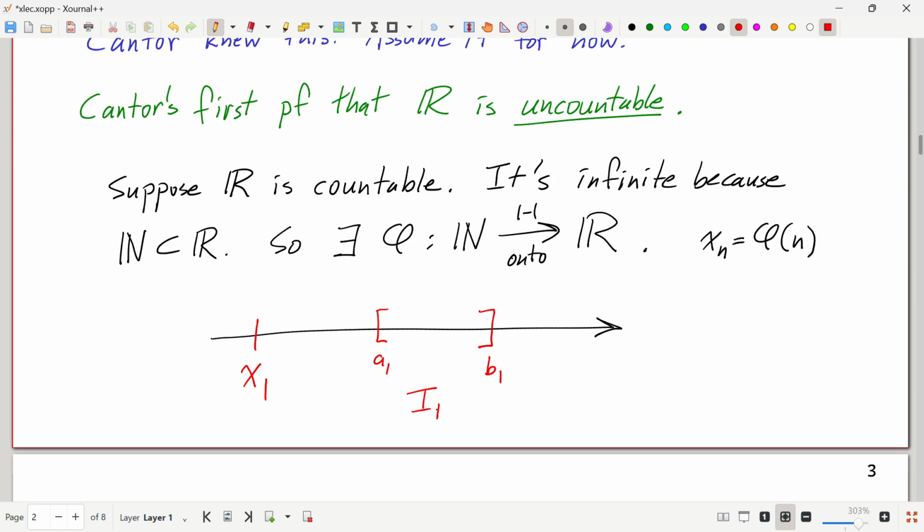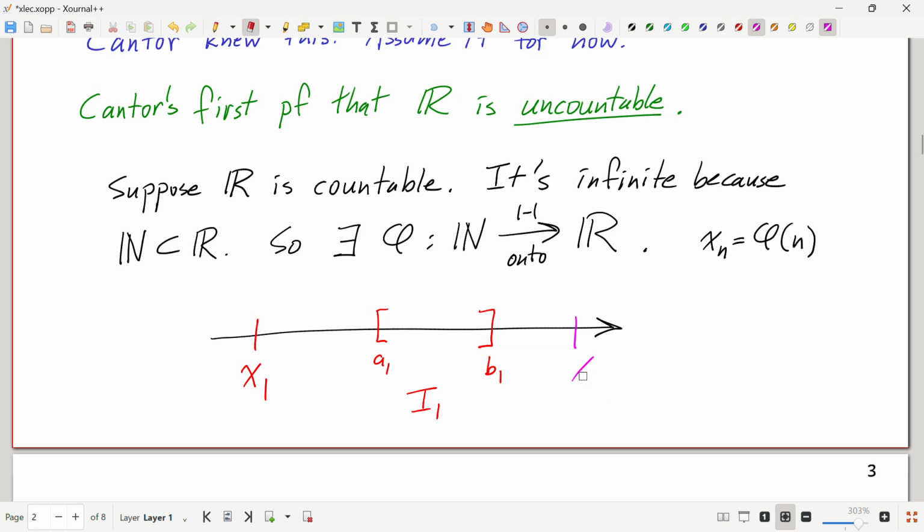So that's the picture. x1's any old thing. I just pick any old interval that doesn't contain x1. Now x2 could be someplace. I'll draw a picture where x2 might be. x2 might be over here. Well, then I could leave this interval to be the same, because x2 isn't in that either.